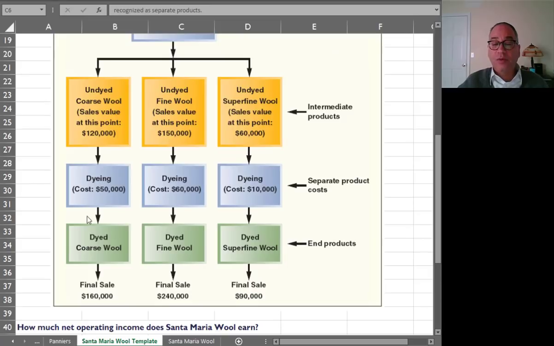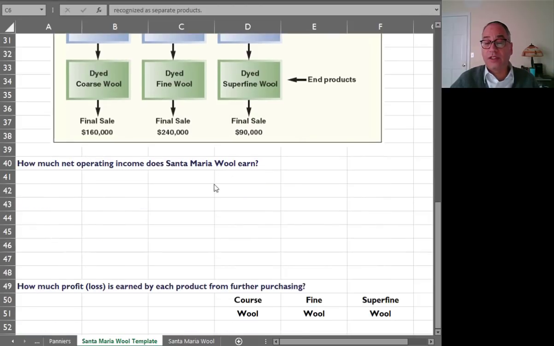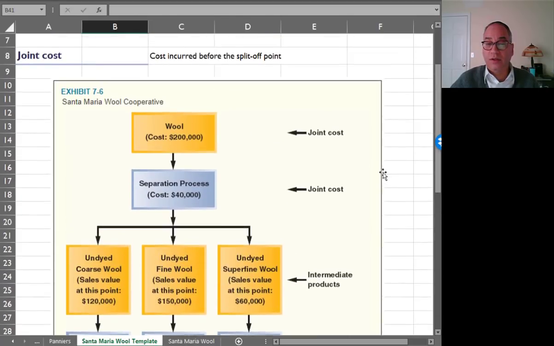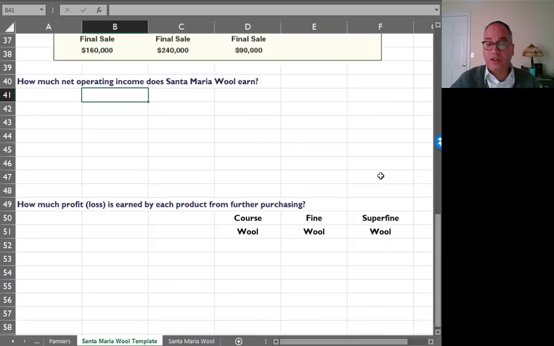So each one could be dyed, and that would increase the sales price like so. So the question is, should you dye it, or should you leave it undyed and sell it as your intermediate product? So first, let's figure out how much income Santa Maria Wool earns, assuming that they do everything.